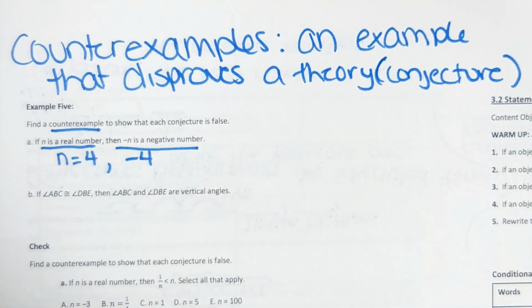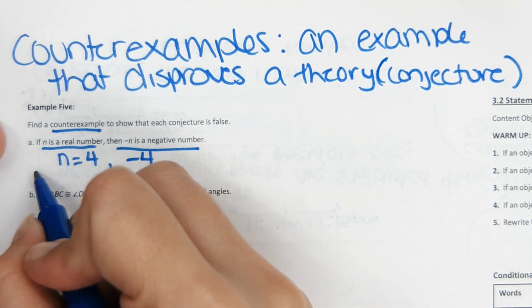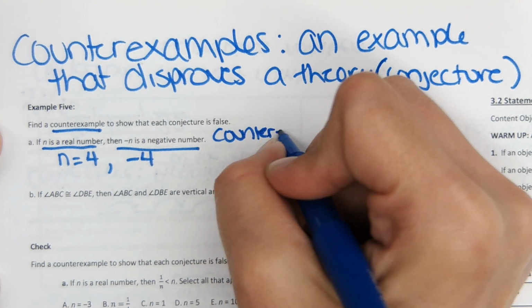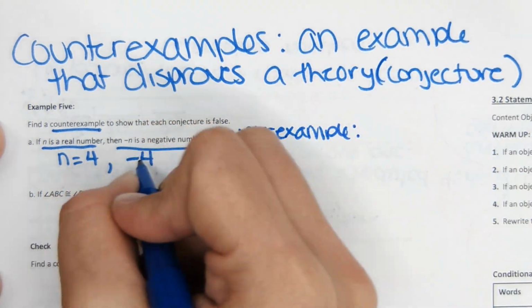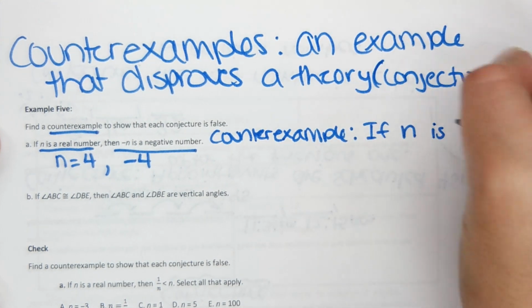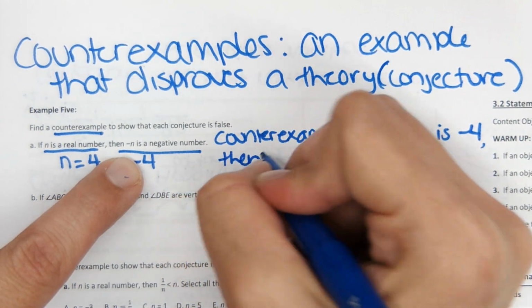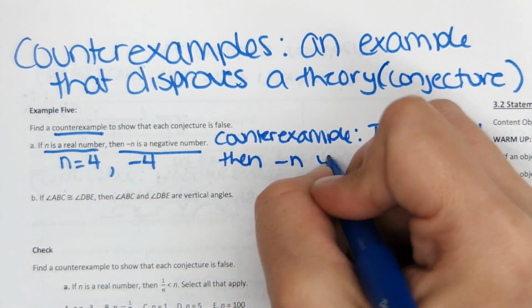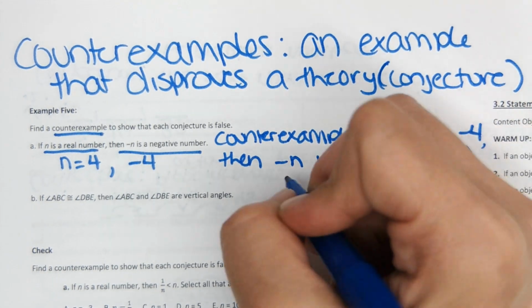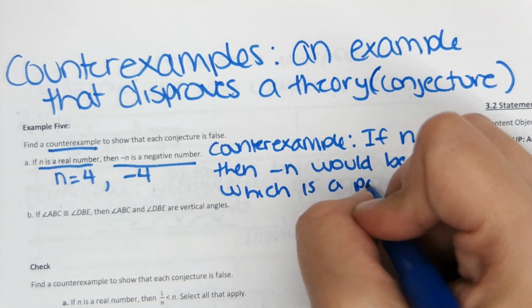So our counterexample would be if n is negative 4, which is a real number, then negative n would be positive 4, which is a positive number.